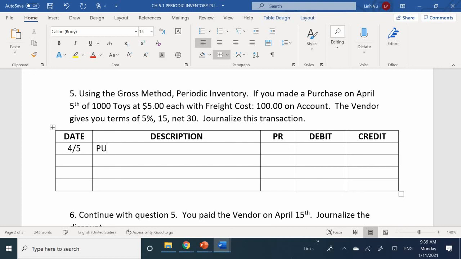Good. Purchase expense. And then freight cost. Okay. And then how did I pay for it? Yes.